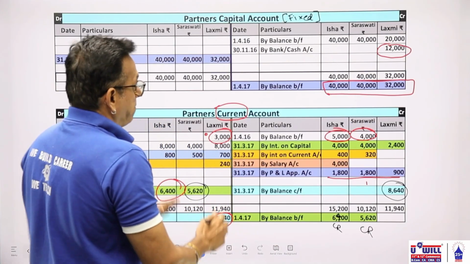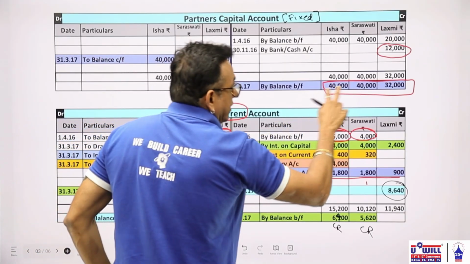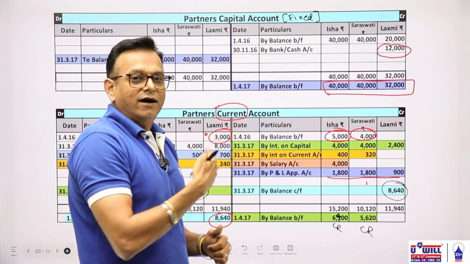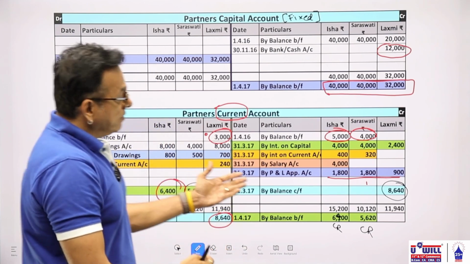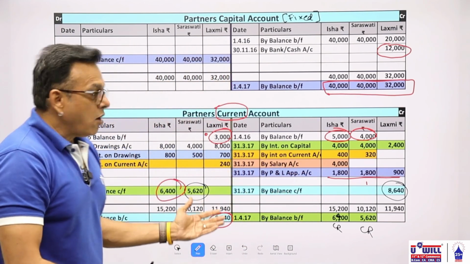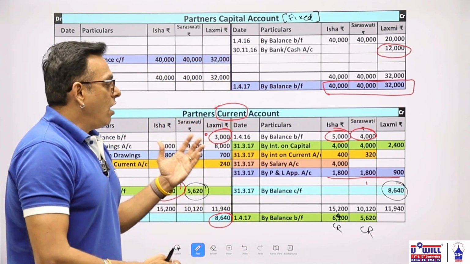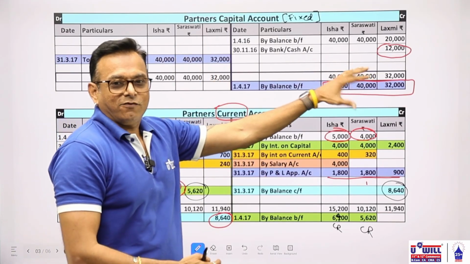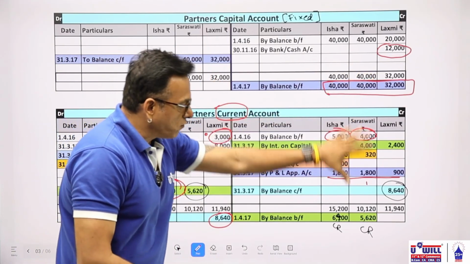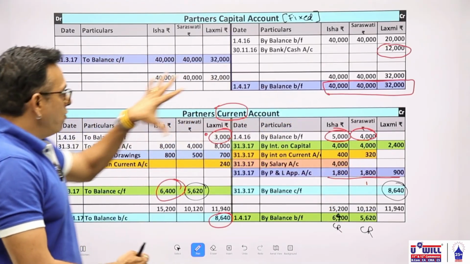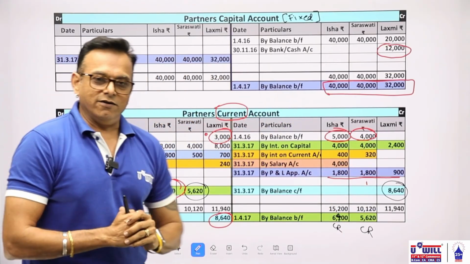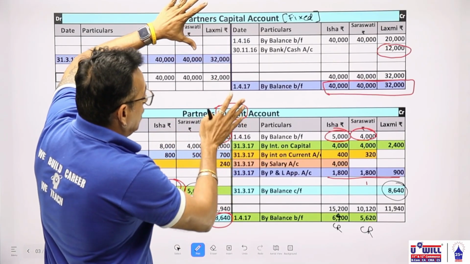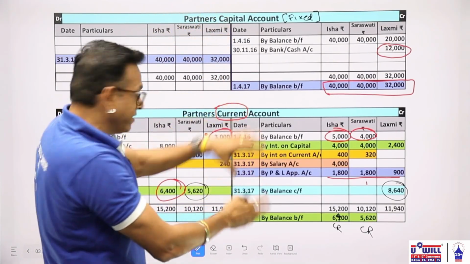Okay, now see, here these balances signify the amount originally invested by the partners, and these amounts are the amount of current account. So how much money was made after investing this money, and how much is drawn by the partners. So I hope you have understood how a capital account is made and a current account is made.